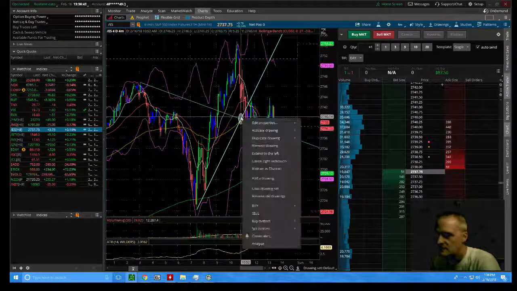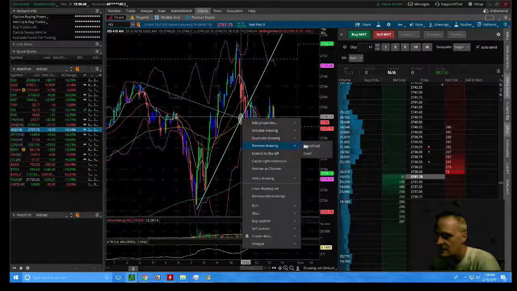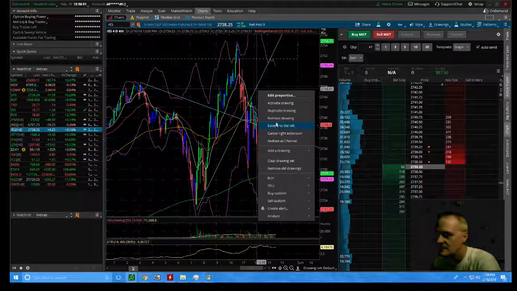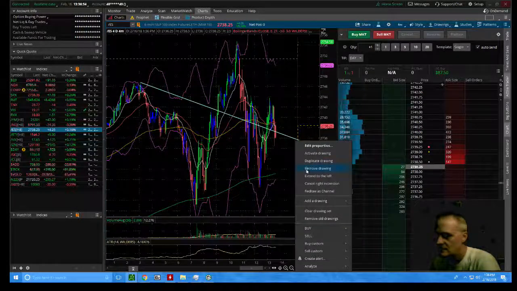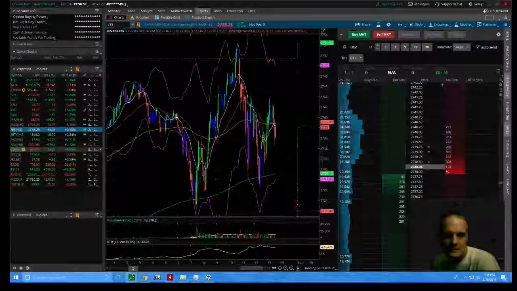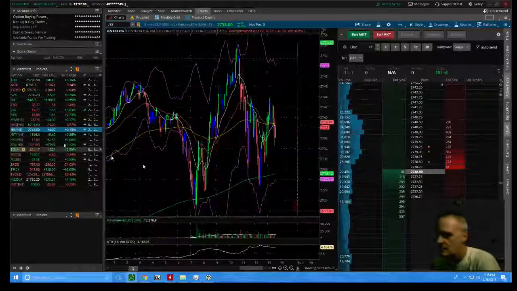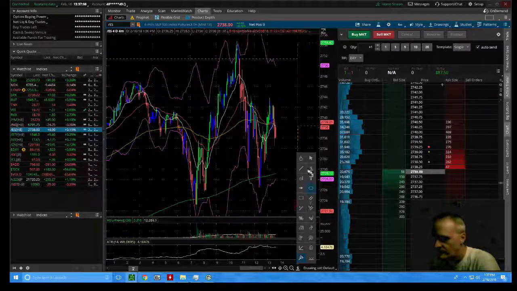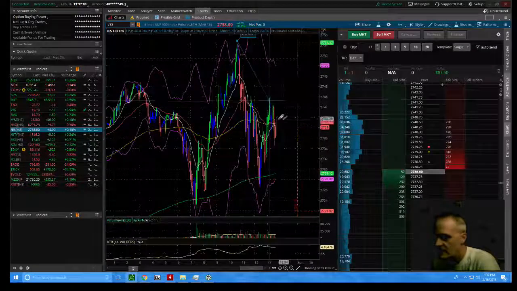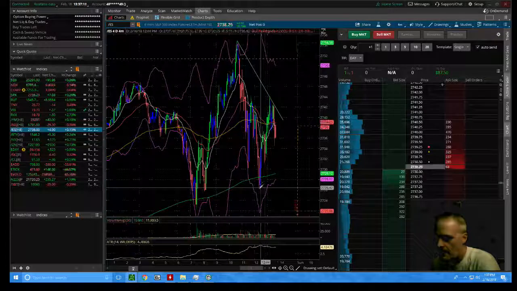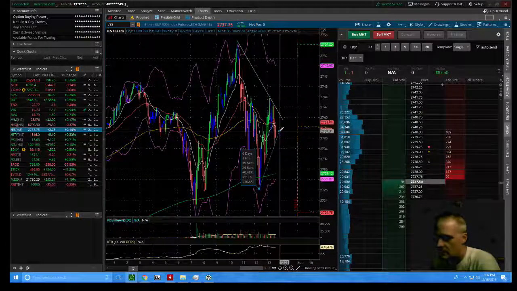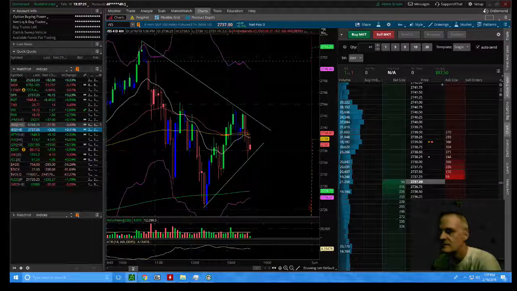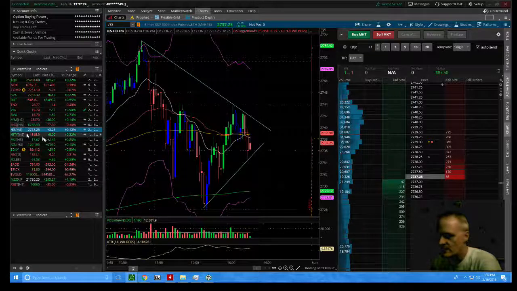I mean, if anything, we might just get rid of this, and draw a trend line, and say, okay, that's your support and resistance.